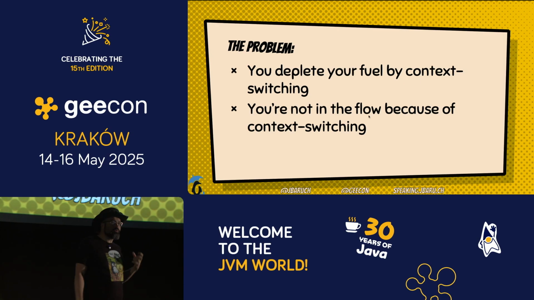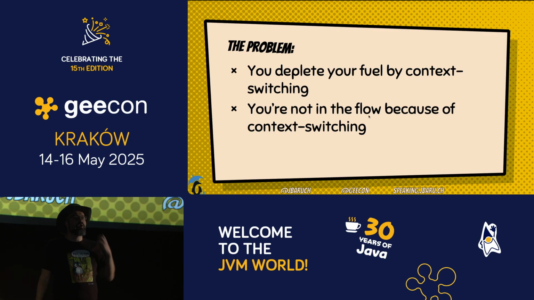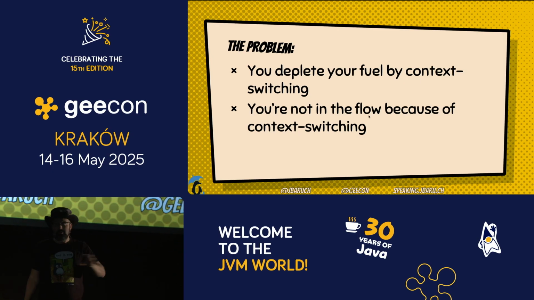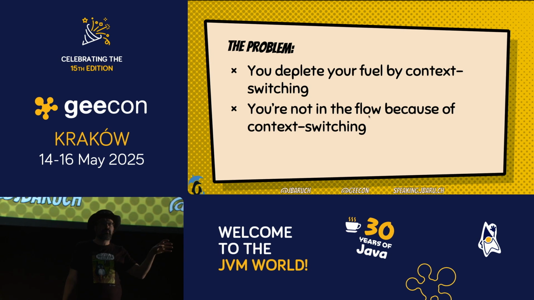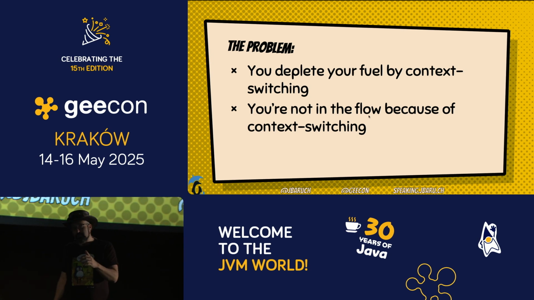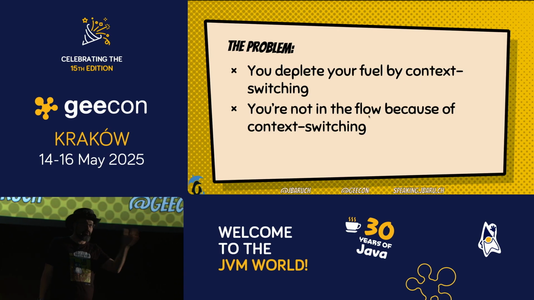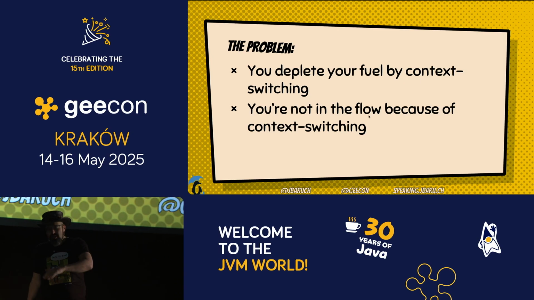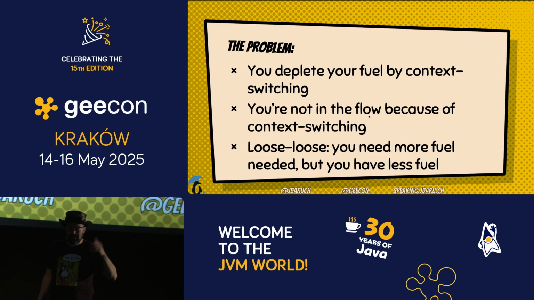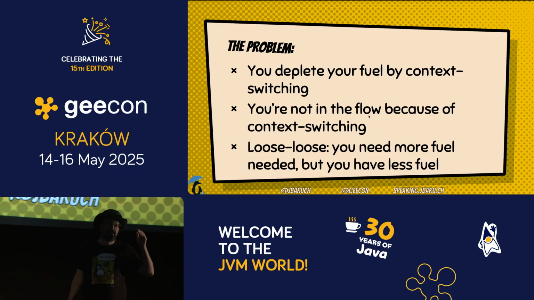You are also taking off the flow by context switching. And that ruins the magic, the hack of flow. Now, your concentration is not effortless. It's very, very expensive. So it's a lose-lose. You wasted fuel on context switching, and you are not saving fuel by not being in the flow. You need more fuel, but you actually have less.